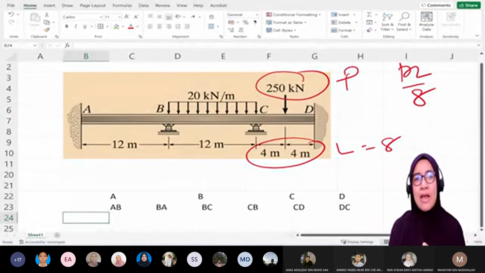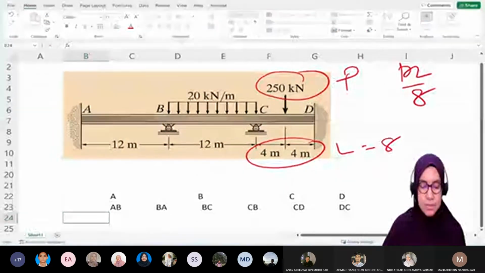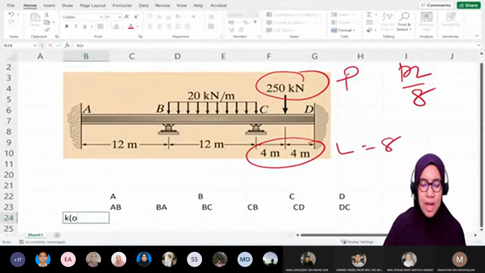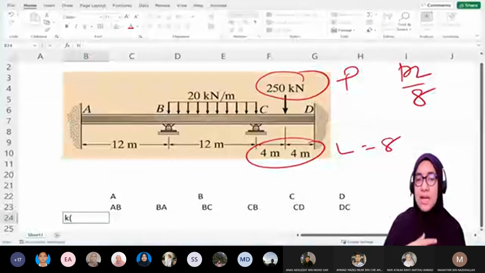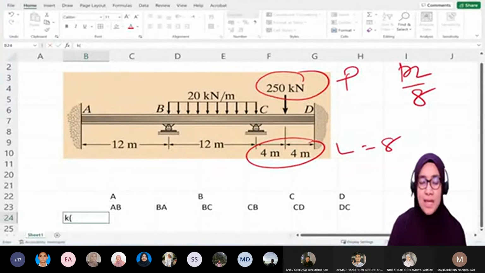The DF we will use in the table to distribute moment. So I will put K here, in terms of EI. I put EI outside, because when we calculate distribution factor, EI will cancel.